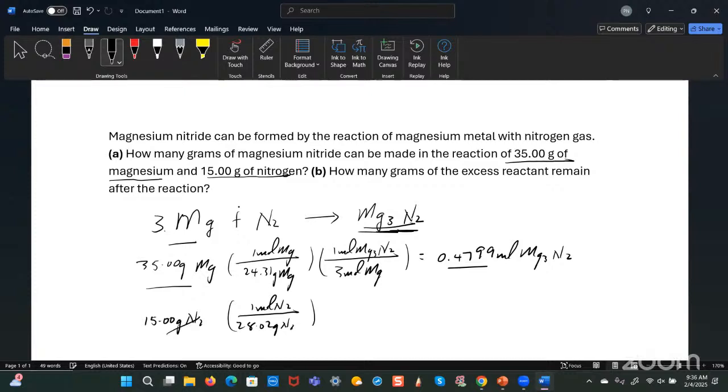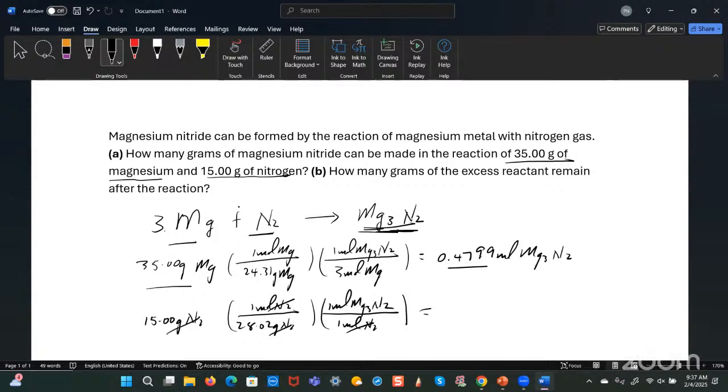So this will go with this, and then the next conversion factor, I should say, is the mole ratio between the nitrogen and the magnesium nitride, which would be a 1:1 mole ratio. So 1 mole of Mg3N2 would go up top, 1 mole of nitrogen will go below, so that this cancels with that, and we do the number crunching.